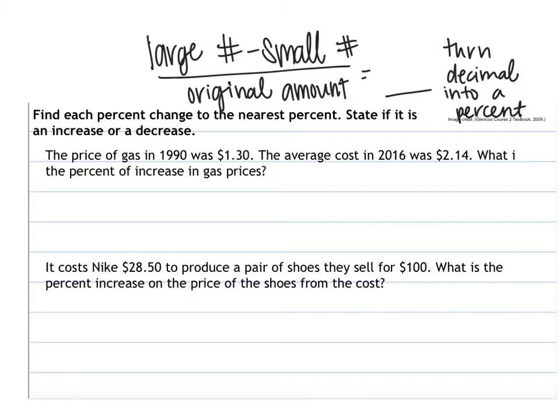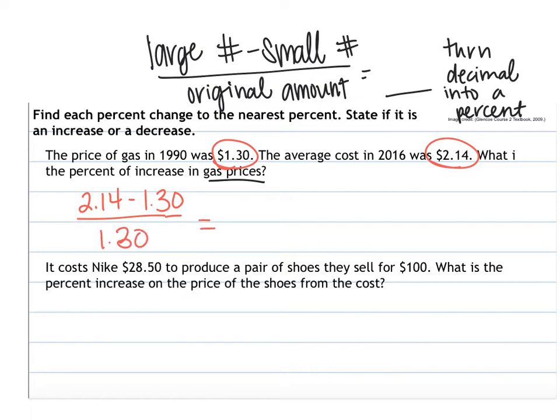So we're going to take these two amounts. Large minus small, so $2.14 minus $1.30, and divide it by the original. Thinking about what the original price is, we're going to go with which one was first in time. So 1990, that would be our original amount. So that's what we divide by.